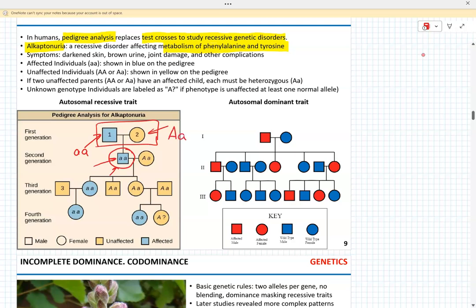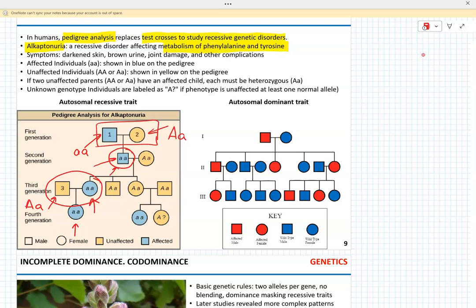Now, in order to produce this homozygous recessive offspring, when mating with another homozygous recessive individual, this is another example of essentially a test cross. So the genotype of this parent will be heterozygous.